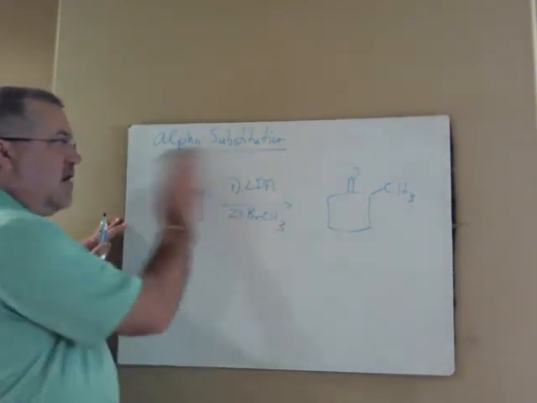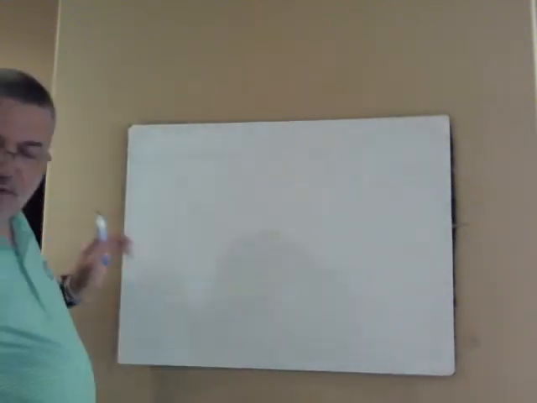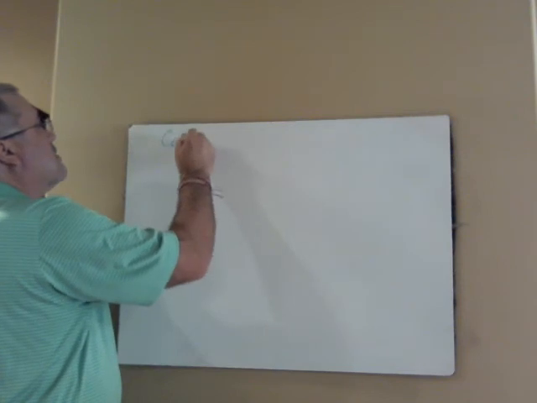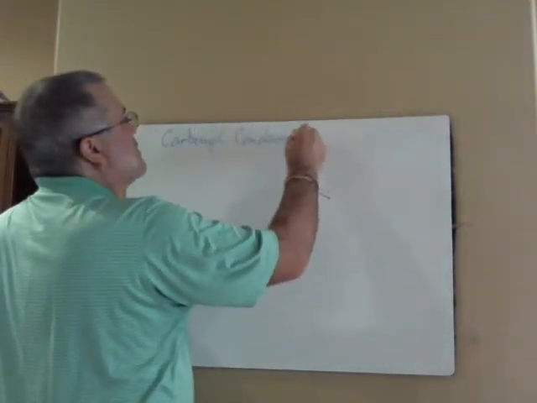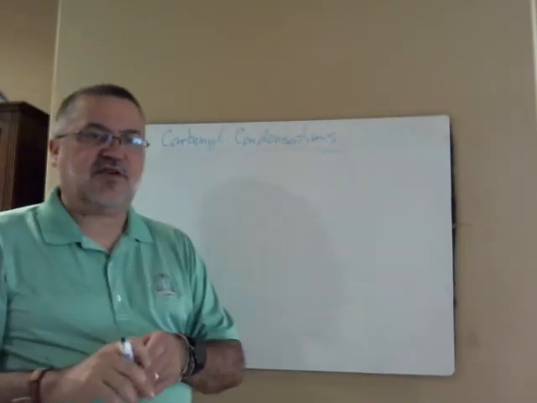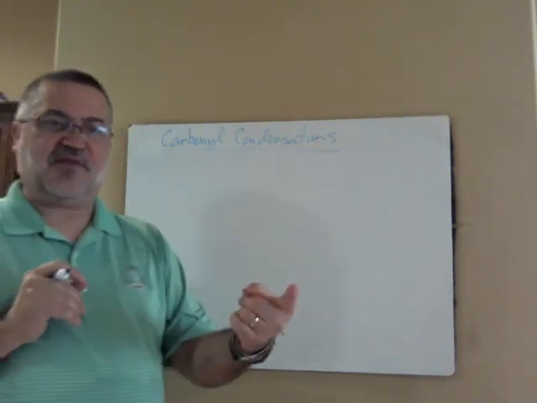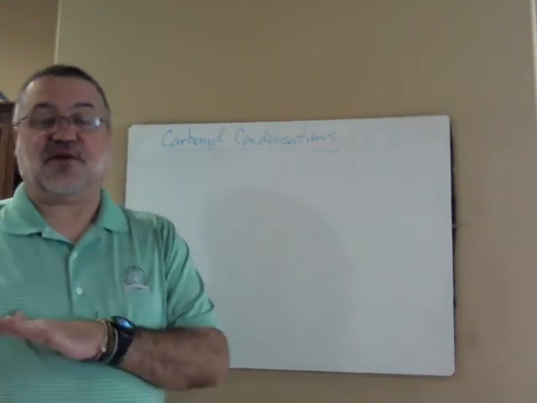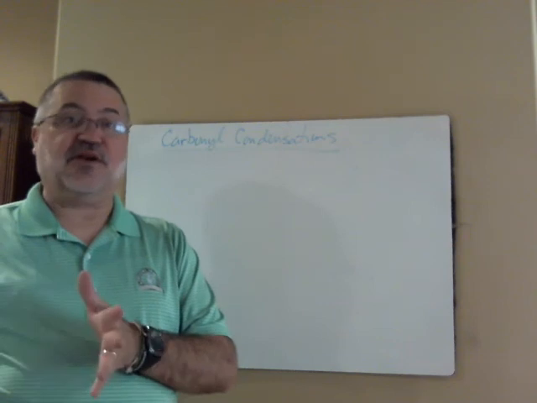Now that's alpha substitution. What about condensation reactions, the carbonyl condensations? In carbonyl condensations, you're going to have an element of alpha substitution that we just saw, and an element of our normal nucleophilic acyl substitution or addition.